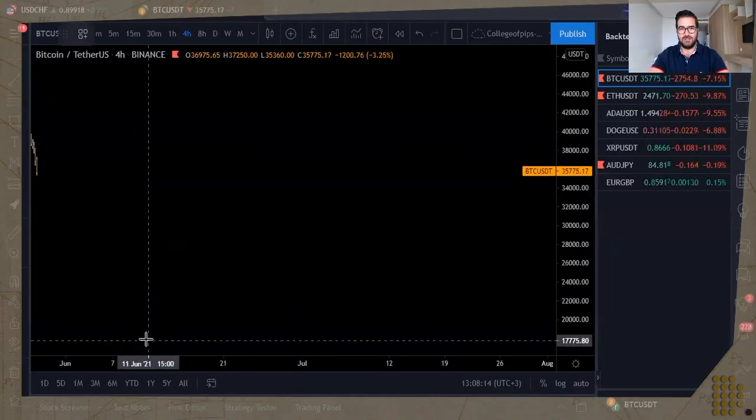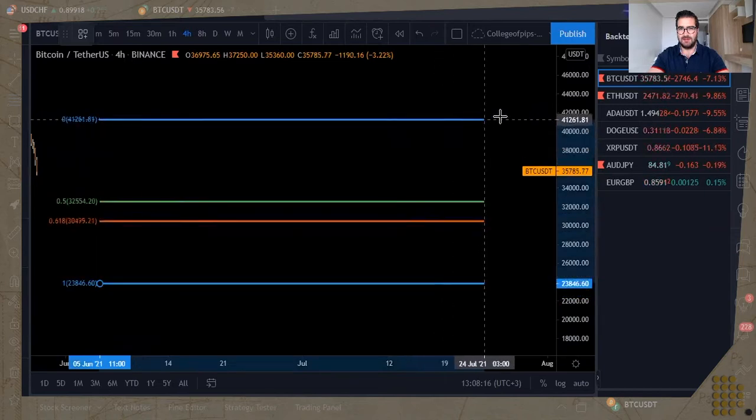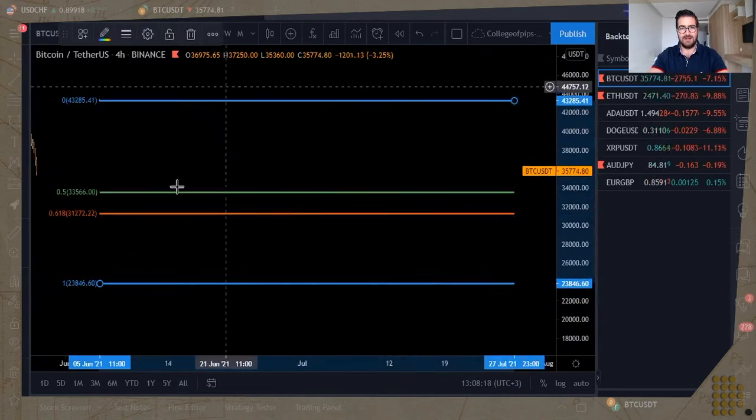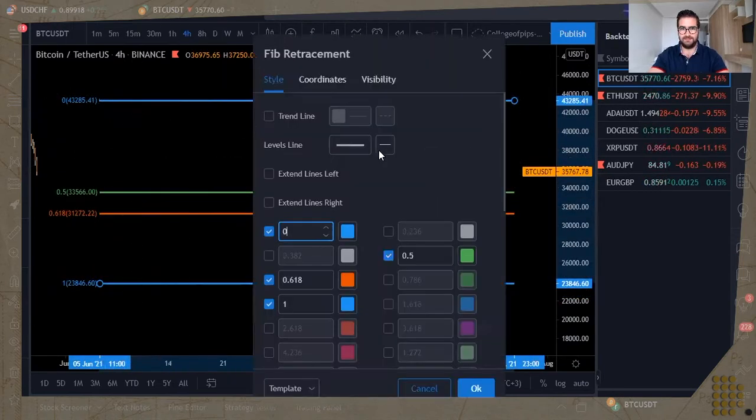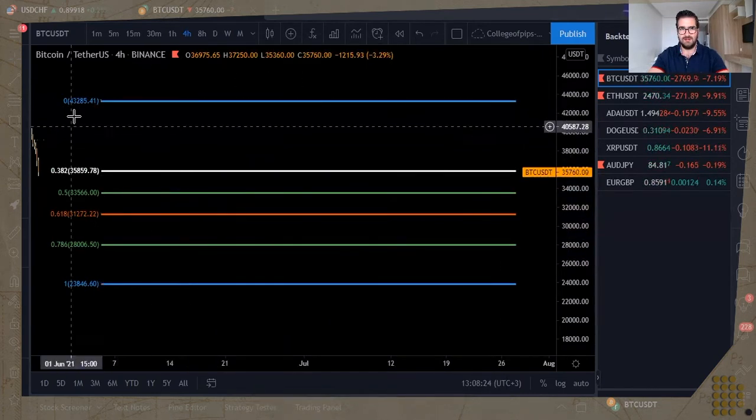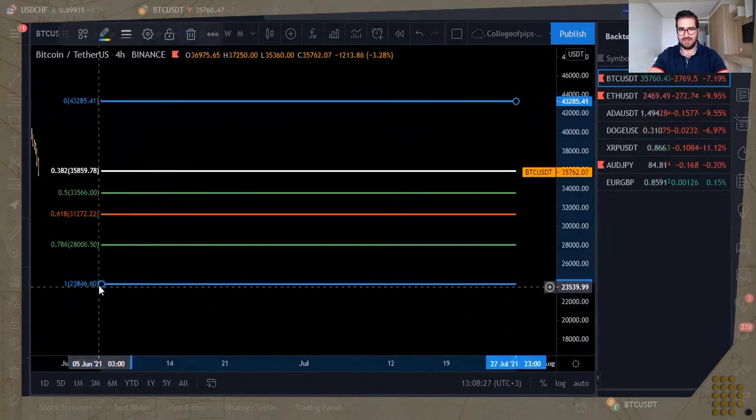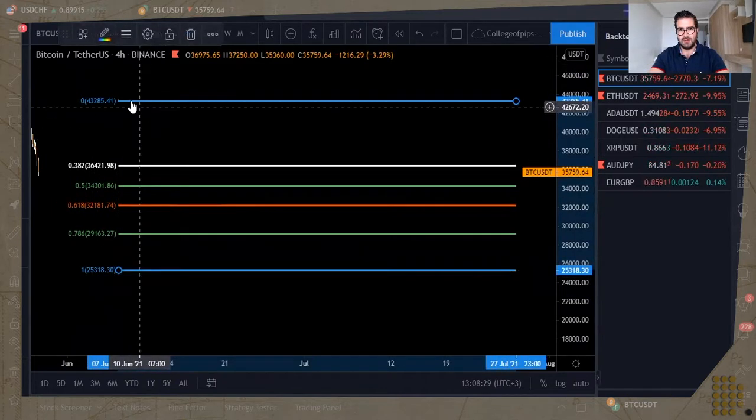So what is it? The Fibonacci level. What is this tool? It looks like this, where there are many relevant levels. I will tell you how to apply it with a real example, but for now, this is the tool.